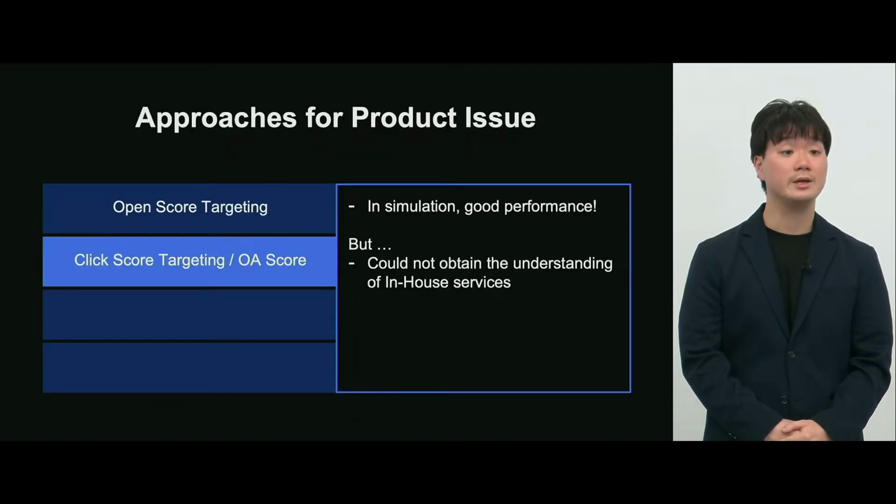This OS score delivery is now offered as an alternative to the existing open score targeting delivery method. However, after the release and internal announcement, the total number of messages of the LINE official account did not decrease. Despite the provision of the delivery method by the OS scores and enthusiastic announcements by the project members, there were signs of reduction in some business units, but overall the situation was not much different.